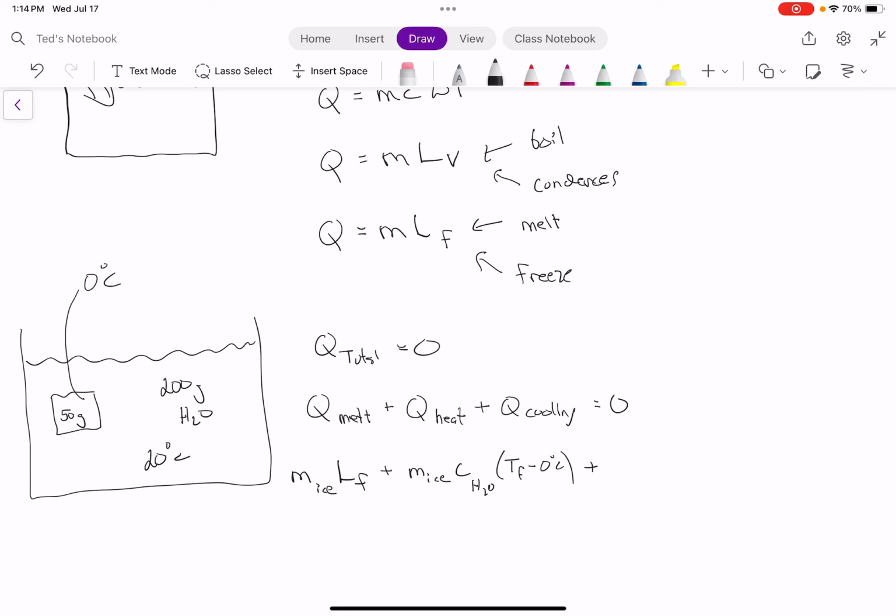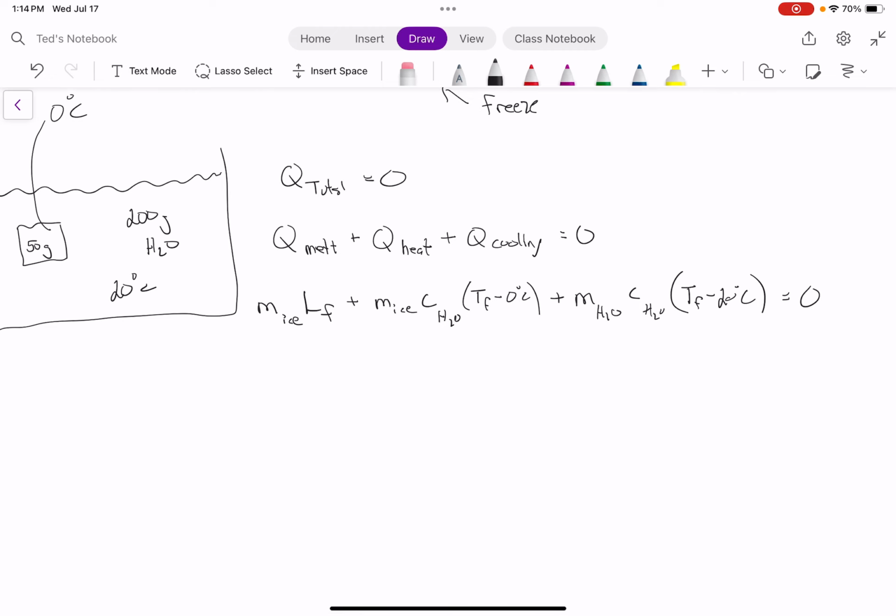So this is going to be the mass of the water that we started with, that 200 grams, times the C for water, the specific heat of water, times the change in temperature, which is going to be T final minus 20 degrees Celsius. And when we add all those up, we should get 0.